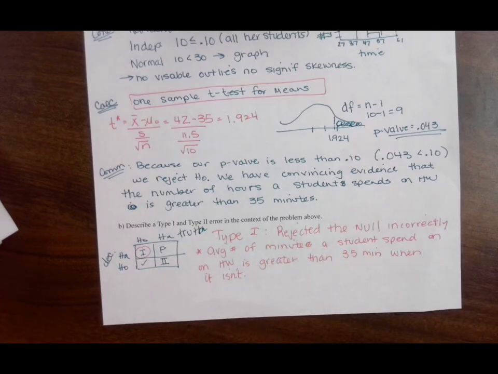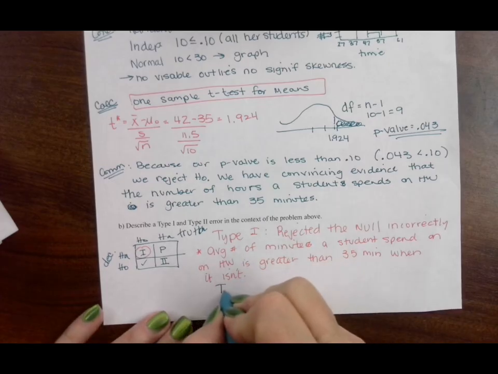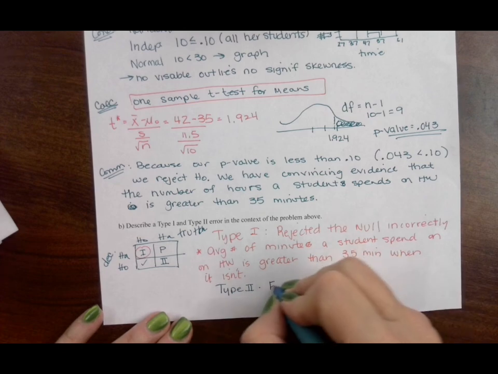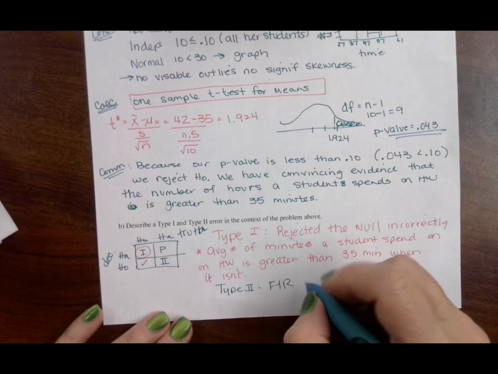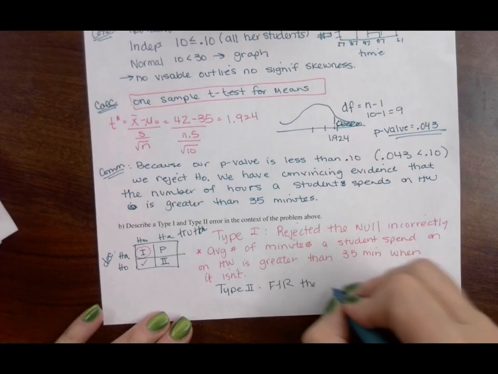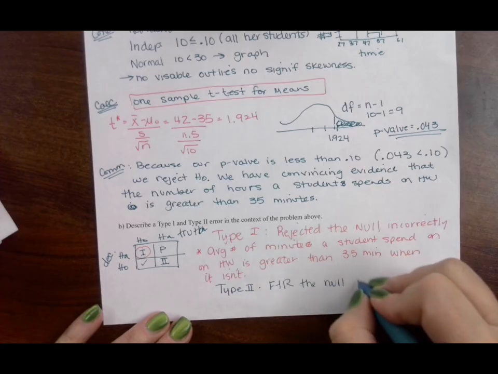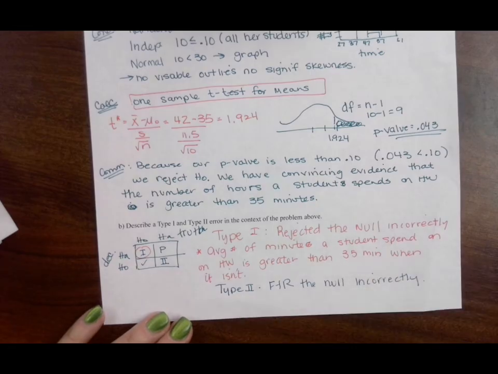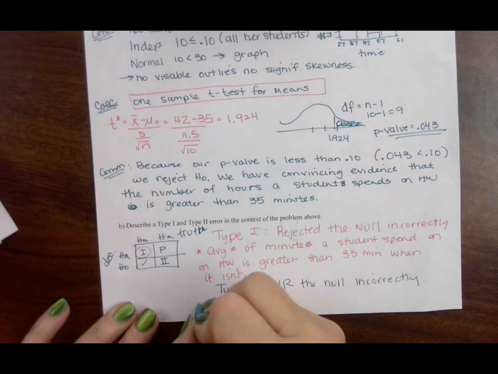All right, and then my type 2 error, that's this one down here. My type 2 error is we failed to reject the null incorrectly. And what does that look like?